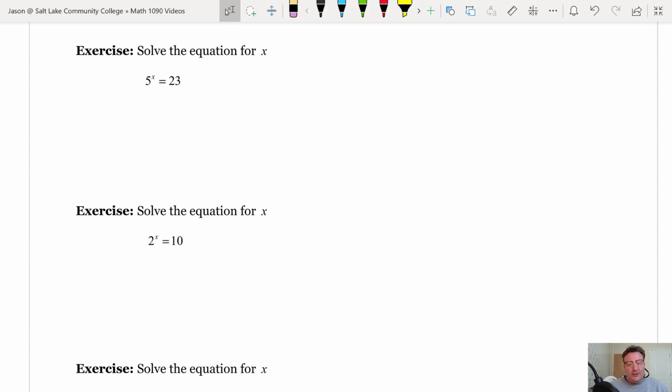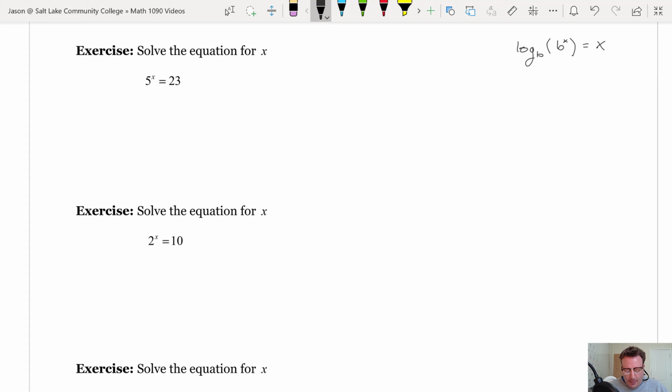The first would be to use one of the first properties we saw, which was, I'll write it out over here, if we have log base b of b to the x, this is just x.